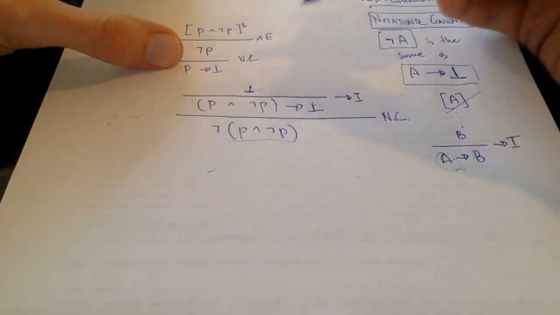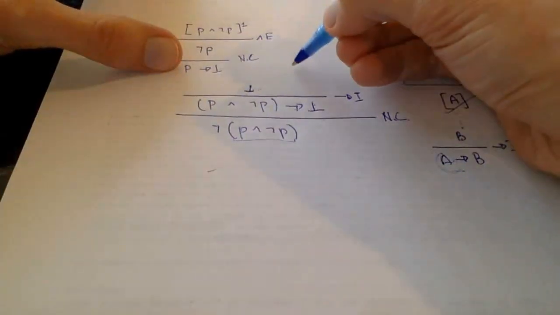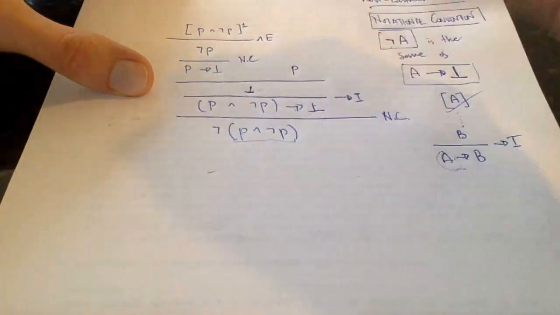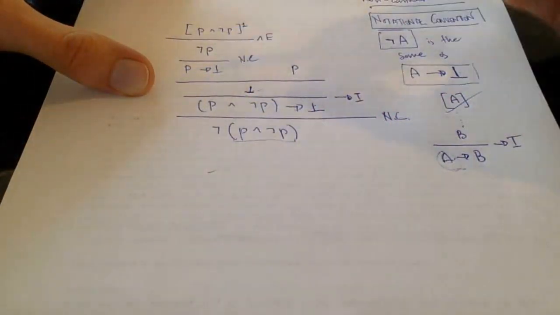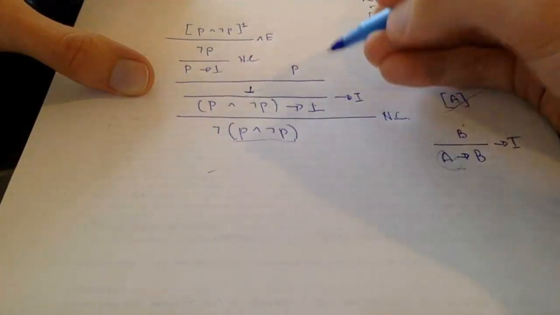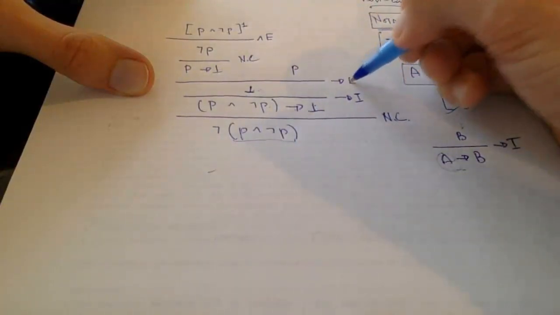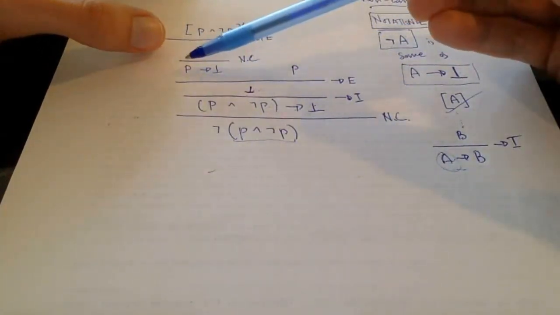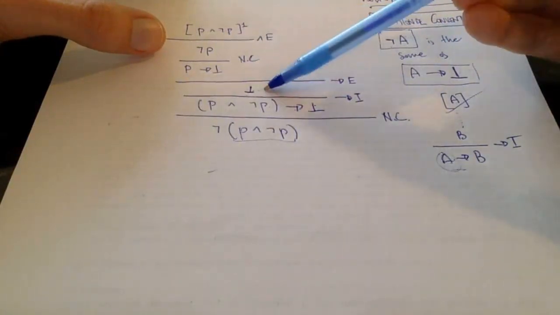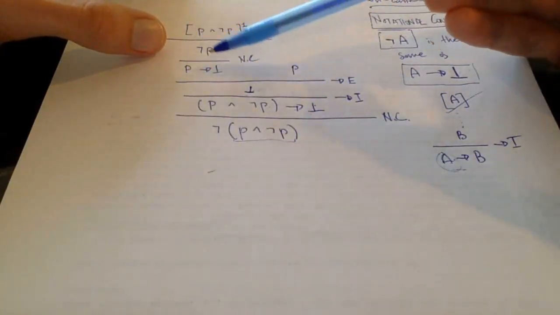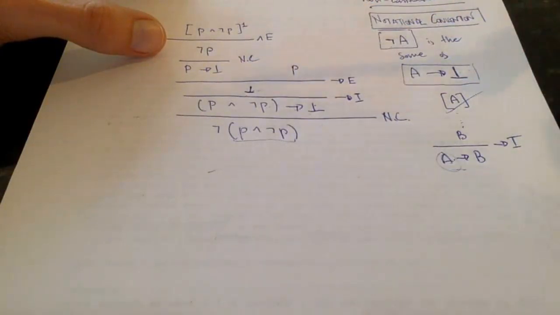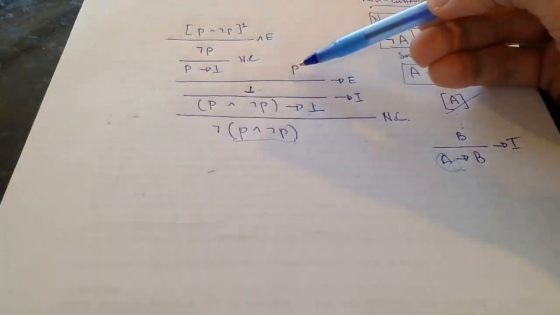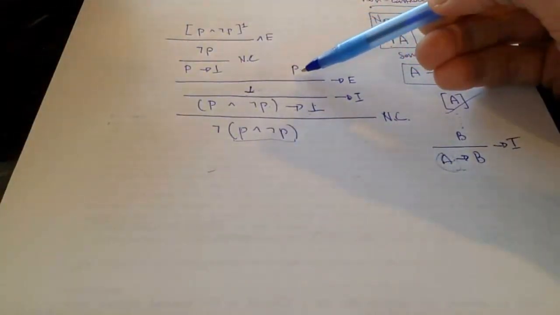All I need to do is to have, let's say P here, and then by having P implies the contradiction and then having P, by the rule of implication elimination, because it's like I had A implies B, A therefore B. Here I have P implies the contradiction, P therefore the contradiction. So now the question is, how do I get this P? I cannot just simply assume P like that. That would be wrong. How do I get this P?